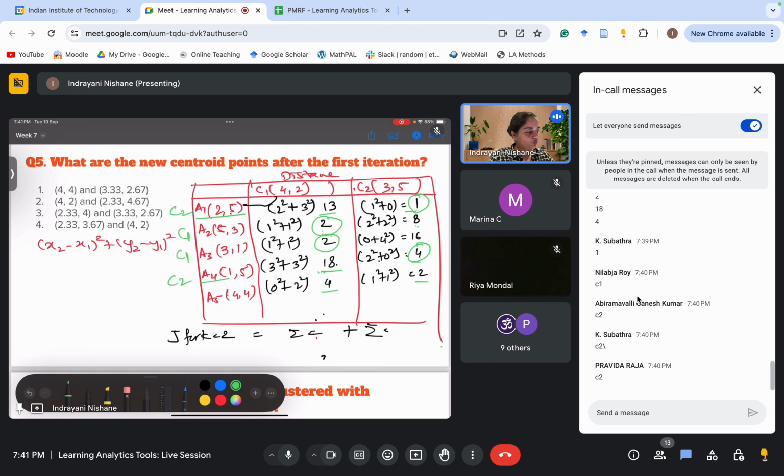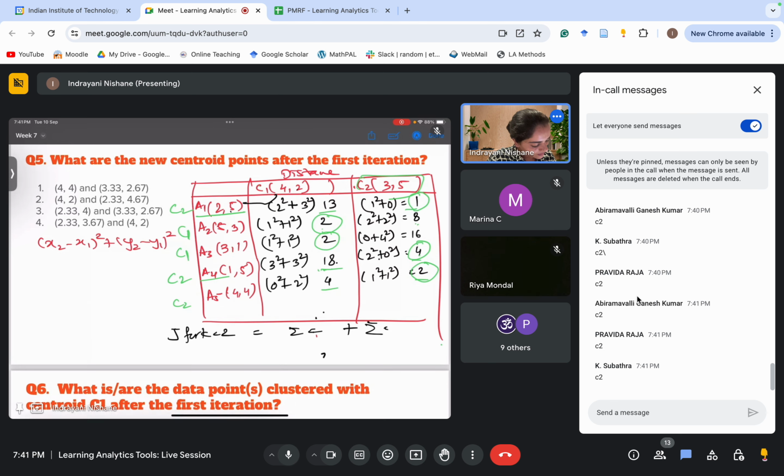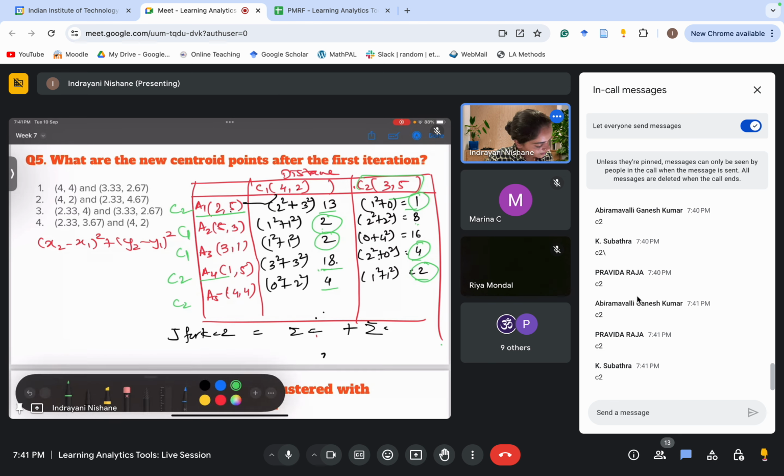Now 4 and 2, 2 is smaller, so A5 will belong to C2. Okay, so now we know that point A1, point A4 and point A5 belong to C2.